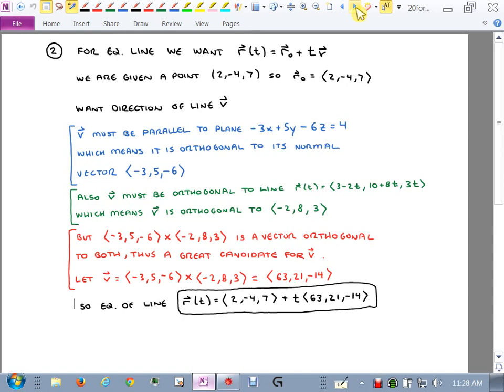Okay, so what does that mean? I need the vector equation of a line, which means I need what things? For the vector equation of a line, what do you need? A point and a direction, right? I already gave you the point, so all you need is a direction. You have to be parallel to another line, which means that, what?